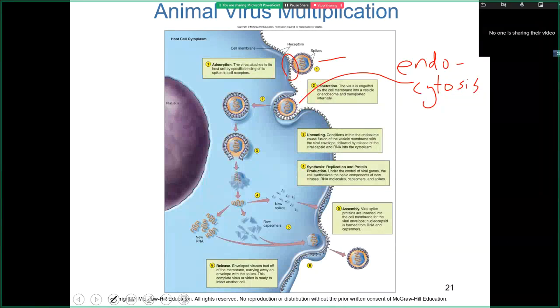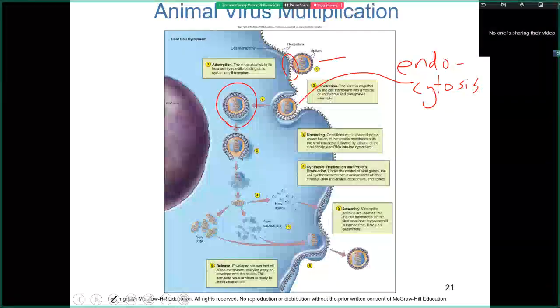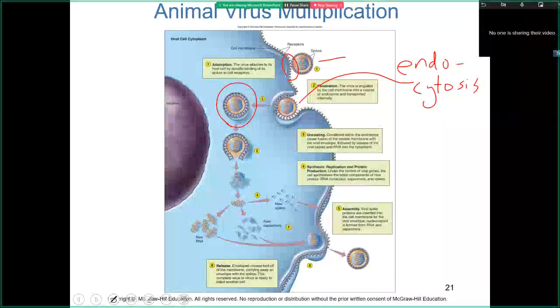But anyway, they take it in, and so obviously this virus now is going to be wrapped in an envelope plus some more of a covering. It's a vesicle or vacuole essentially, because it's got an extra wrapper of host cell membrane around it.